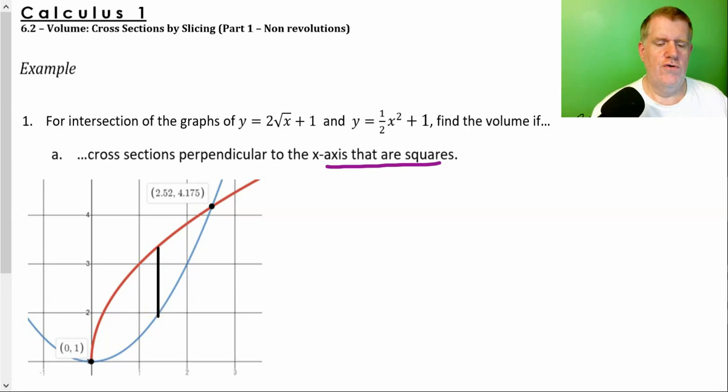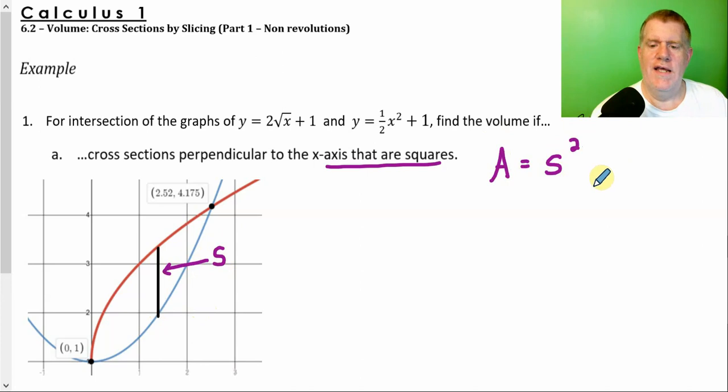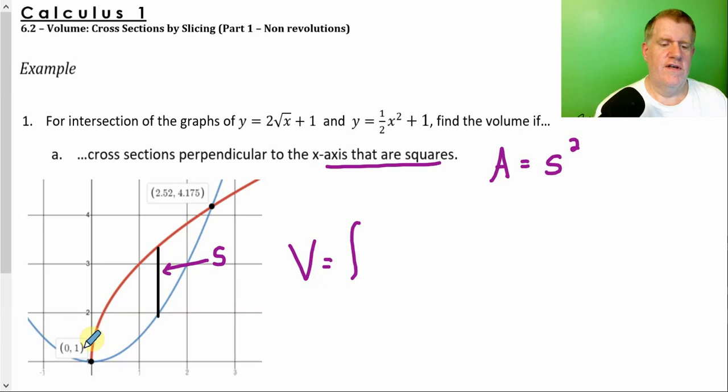So can you write the expression for that graph? Remember, according to the visual you just saw, that's the bottom of the square. The area of the square would be that bottom squared, because the area of a square is side squared. What I need is an expression for that s. Now because we're going perpendicular to the x-axis, we're looking at our x values between 0 and 2.52.